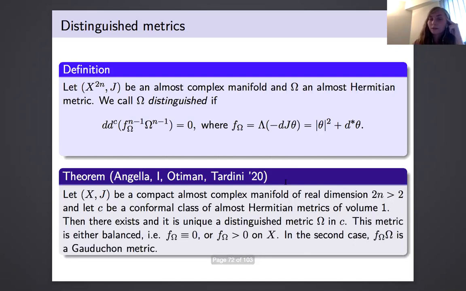And moreover, there are two cases that you can distinguish. One of them is when this function is 0 everywhere, and in this case the metric is balanced. The second case: if it's not 0 everywhere, then it's never 0. This function is strictly positive on X. And in the second case, if you know that this is positive, then this is precisely the equation of the Gauduchon metric. So this is the Gauduchon metric.